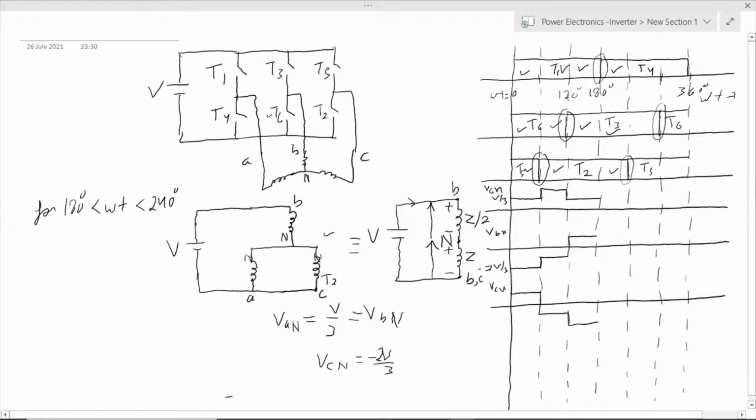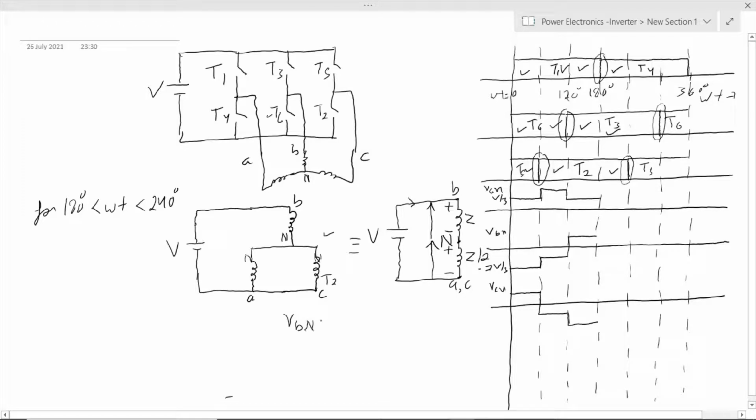Now we can just again change our circuit. So above will be B. Now impedance in above half cycle will be Z. In the lower half cycle it will be Z by 2, because there are two phases in parallel, and the two phases here will be A and C. Now you can write what will be VBN.